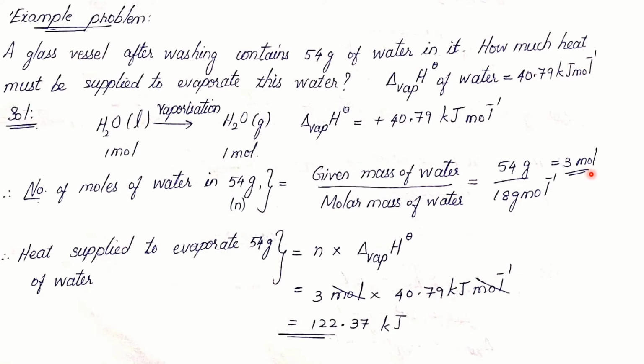Now, to calculate the amount of heat supplied to evaporate 54 grams of water, we multiply the number of moles of water in 54 grams with the standard enthalpy of vaporization. On solving, we get 122.37 kilojoules as the answer. So, this much heat is required to evaporate 54 grams of water.